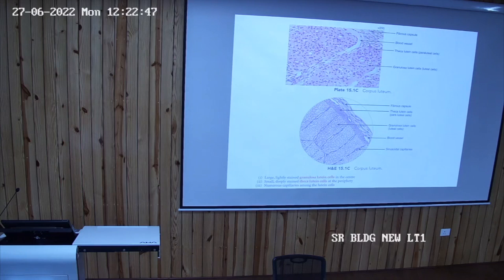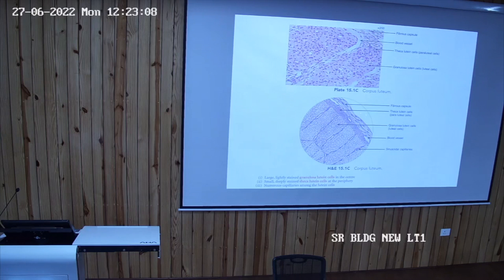The outer one is again dividing, and in this diagram I can show you again. This is the extra part. This extra granulosa part is converting into the capsule. That is this one, you can see here. That is the extra part. And the inner part is dividing into the luteal cells, and the luteal cells again divide into two parts.